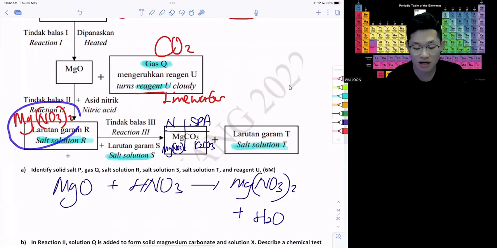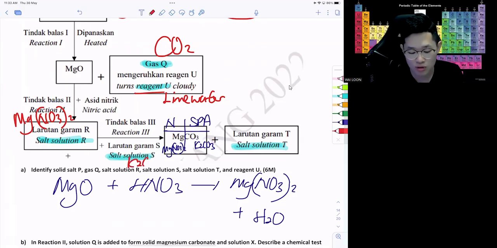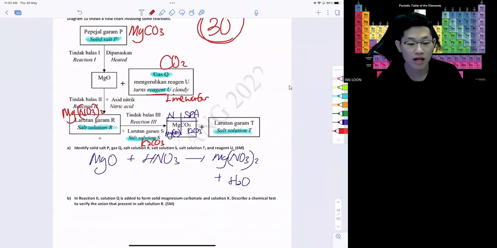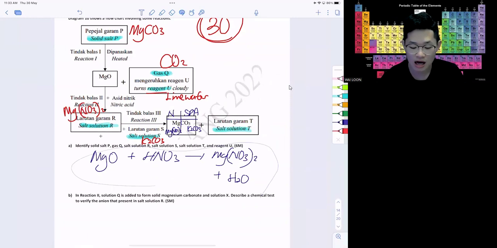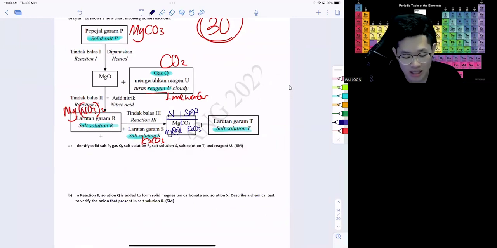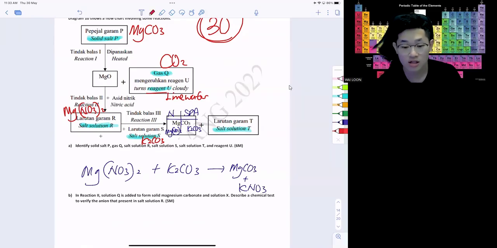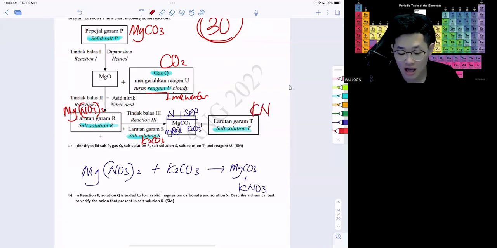I already have the magnesium nitrate part, so solution S will be K2CO3. To get solution T, I will need to write an equation again, to get MgCO3 and KNO3. So the answer is KNO3.